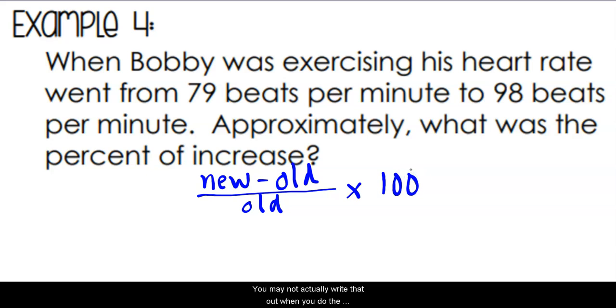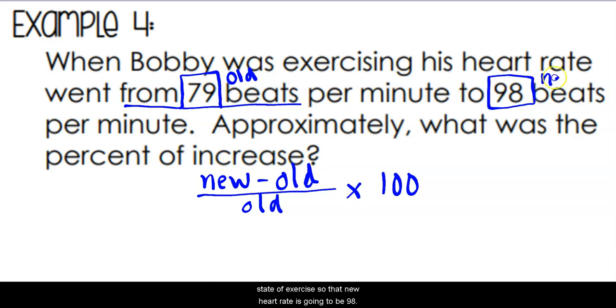You may not actually write that out when you do the problems, but you need to make sure that you're moving your decimal point to get the percent and not the decimal. So he went from 79, so 79 beats is going to be the old. So that's going to be our old amount. The new amount, when he was exercising, so he went from a state of rest to a state of exercise, so that new heart rate is going to be 98 beats per minute.